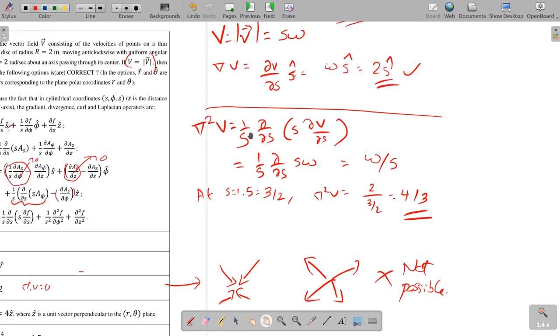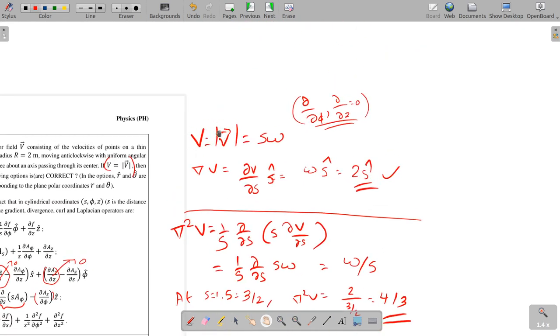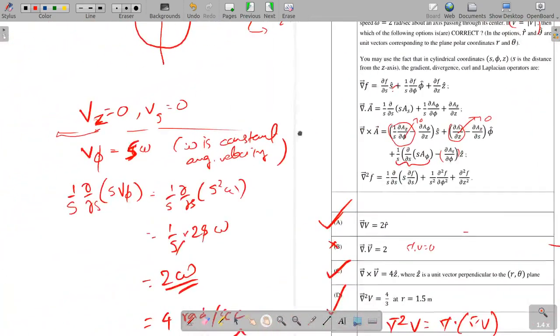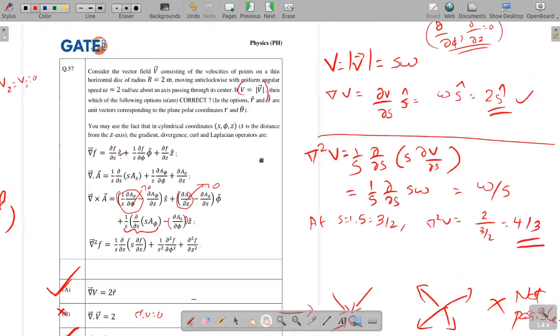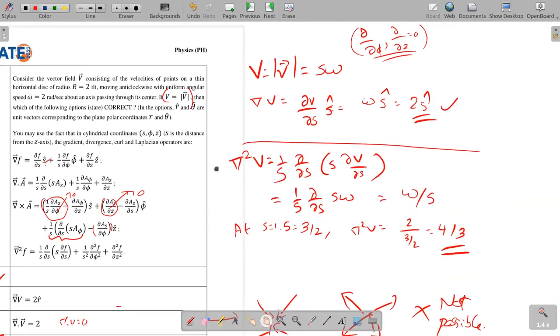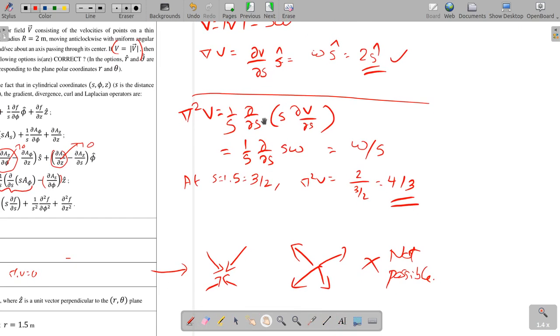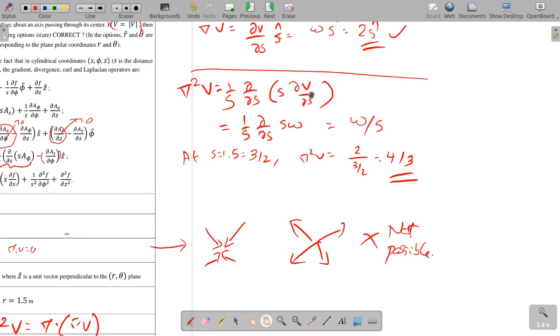Taking the magnitude of velocity s omega, you take 1 by s of dou by dou s, and substituting v as s omega, you get simply omega by s.